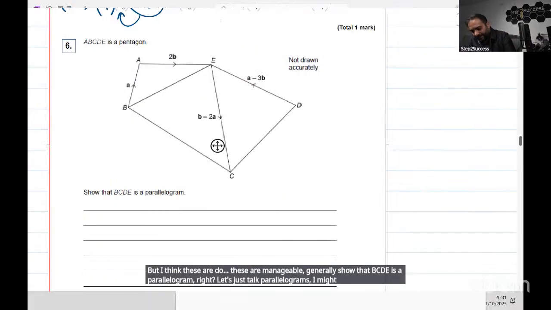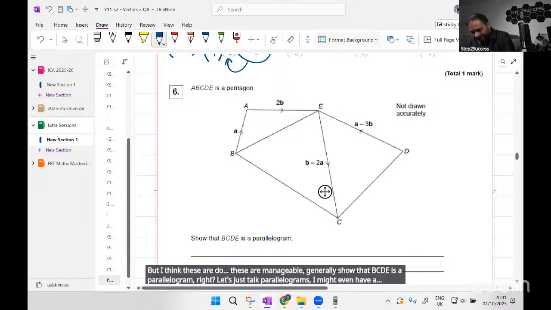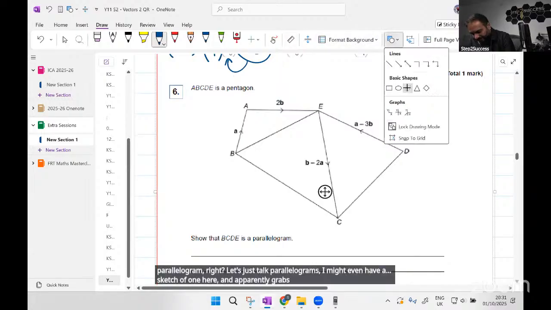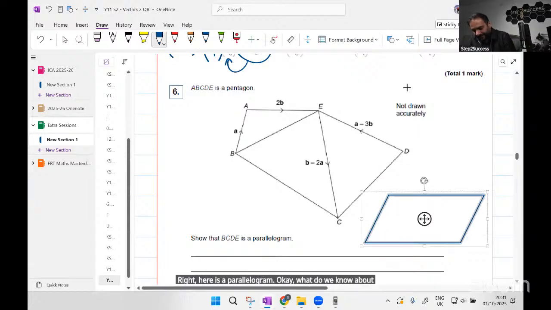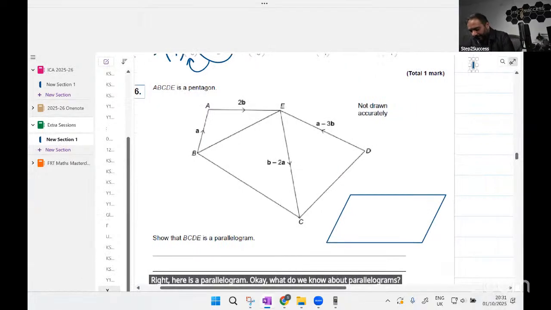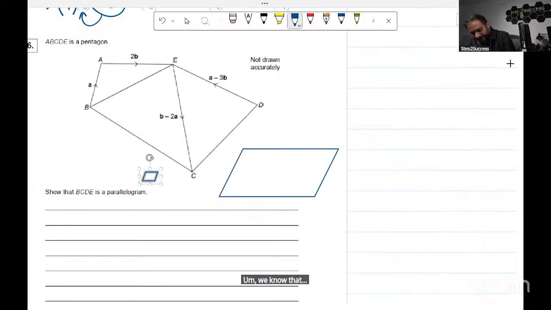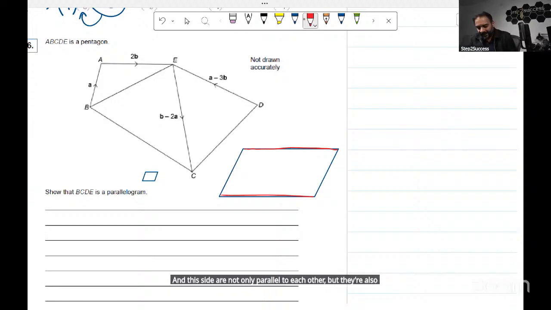I might even have a sketch of one here. Right, here is a parallelogram. What do we know about parallelograms? We know that this side and this side are not only parallel to each other, but they're also exactly the same length.